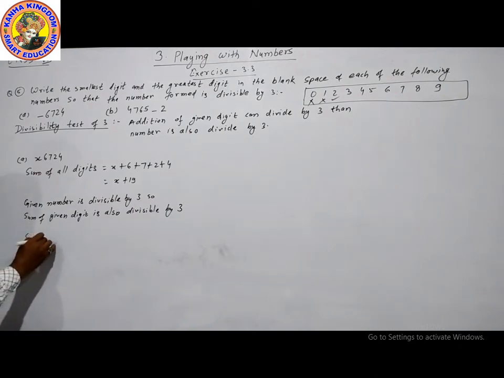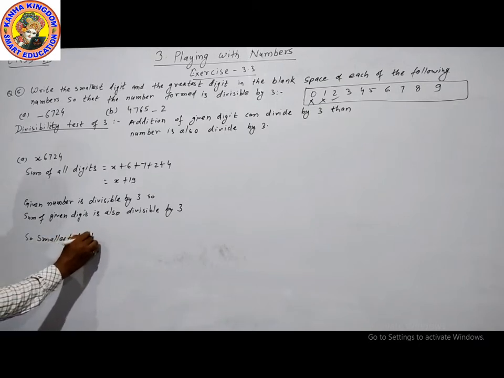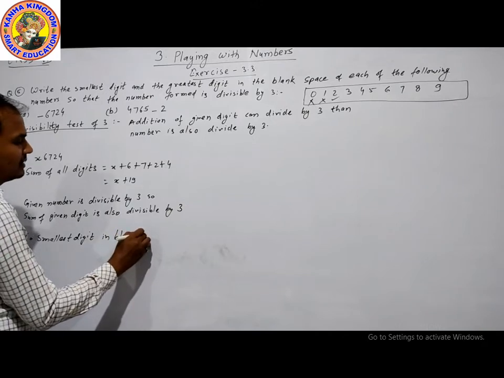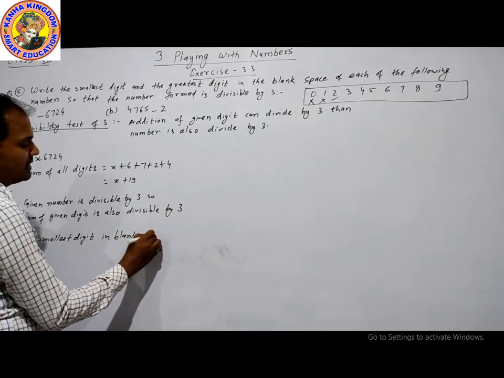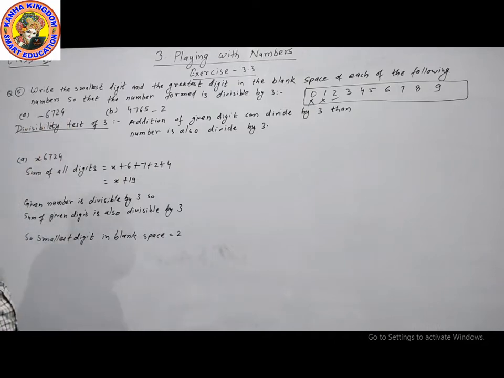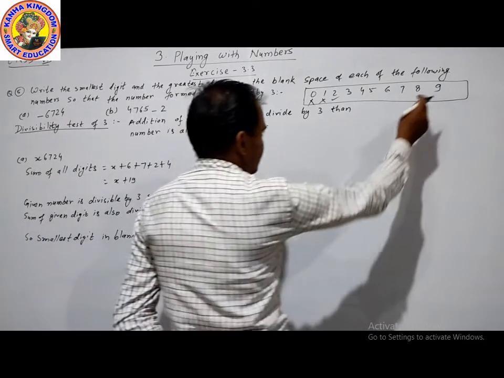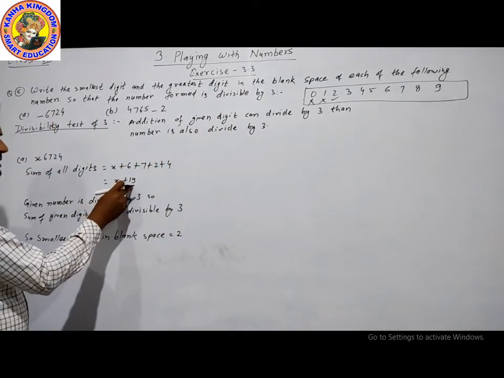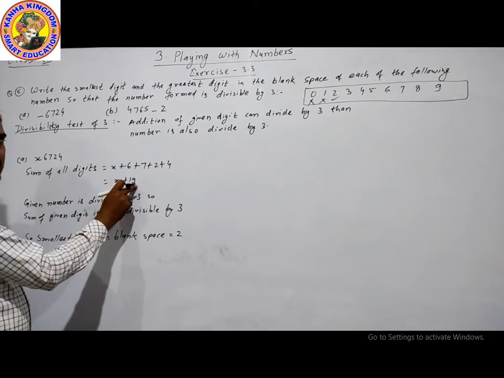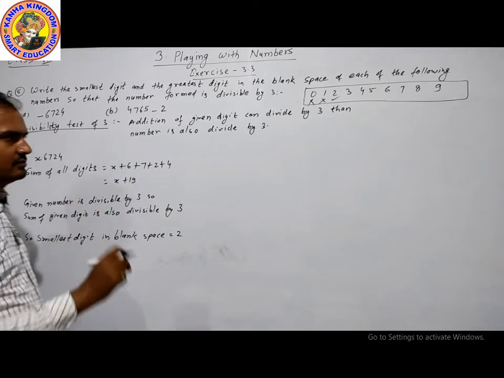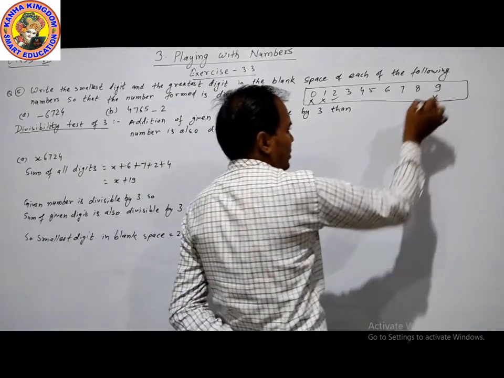So the smallest digit in the blank space is 2. Now for the largest digit we place 9. 9 plus 19 is 28. 28 cannot divide by 3.